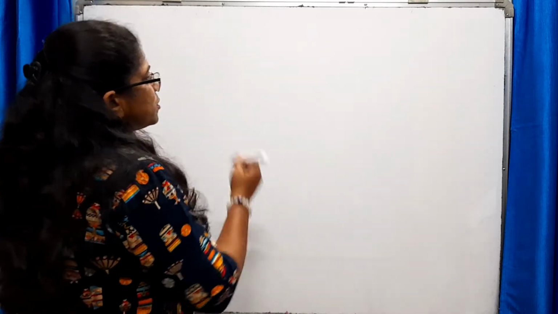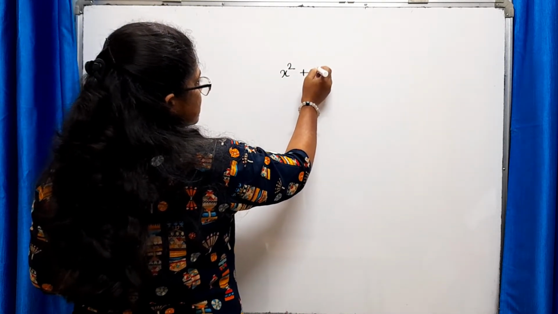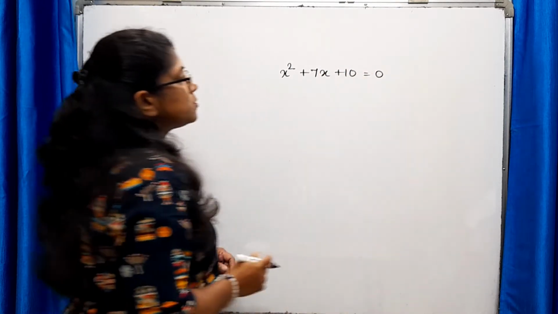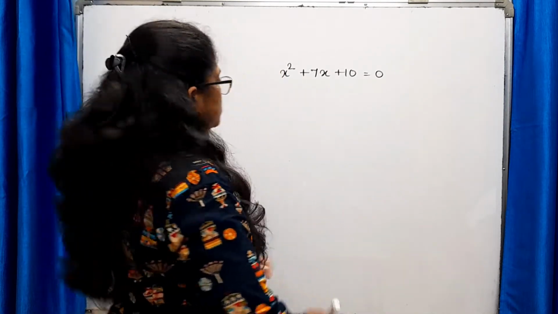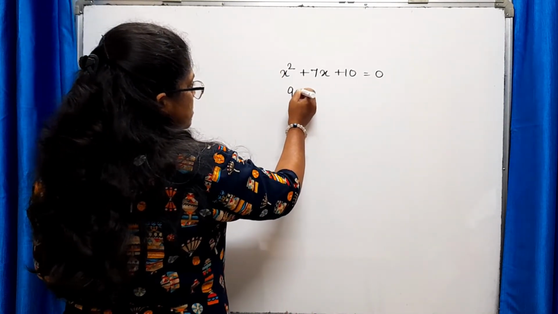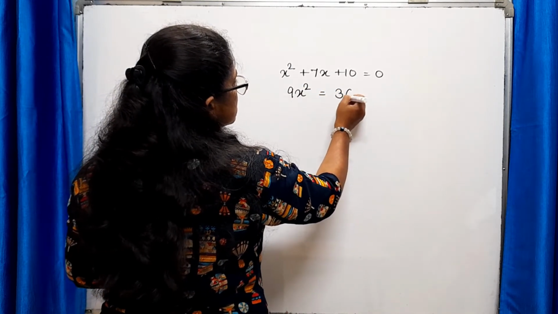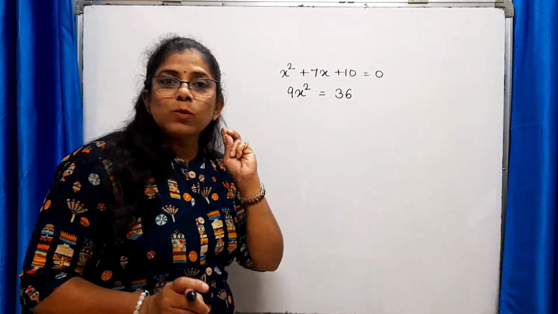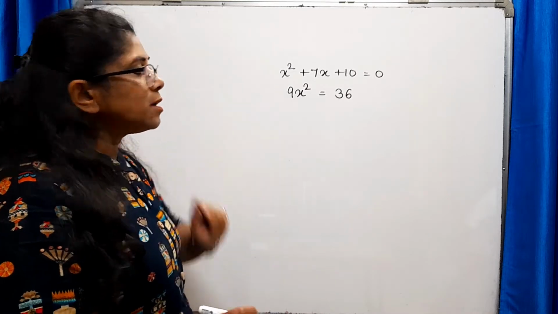Now for example, x square plus 7x plus 10 is equal to 0 is a quadratic equation because the highest degree is 2. 9x square is equal to 36. Yes, even this equation is a quadratic equation because we have variable x and the highest degree is 2.